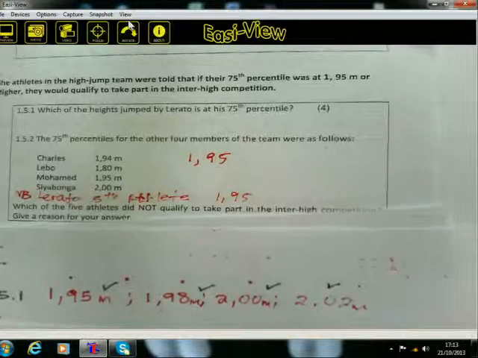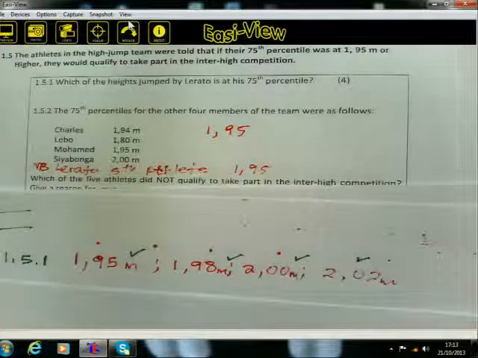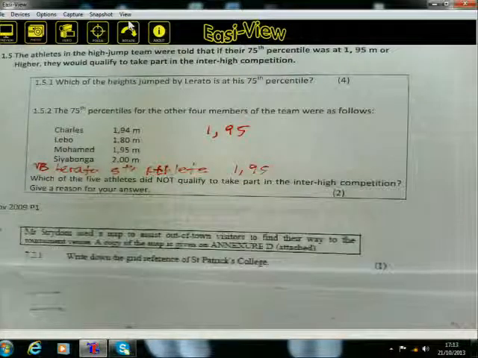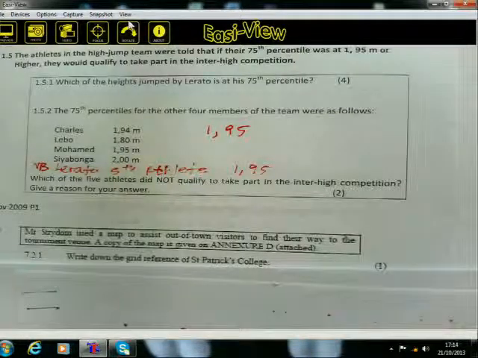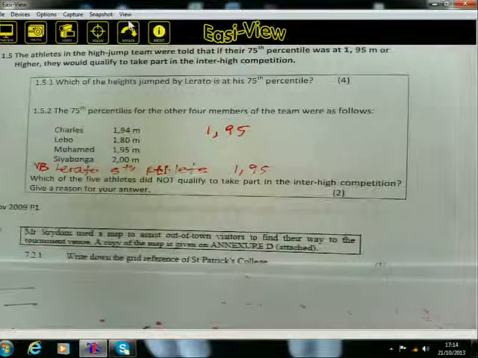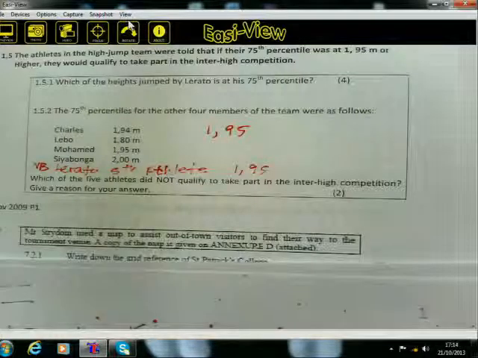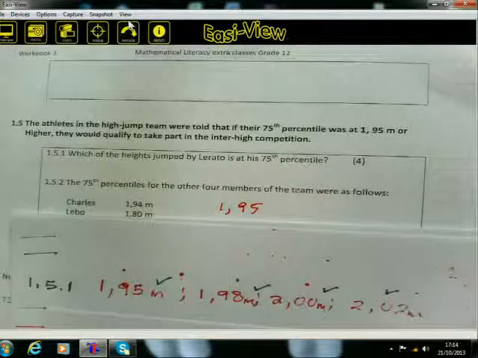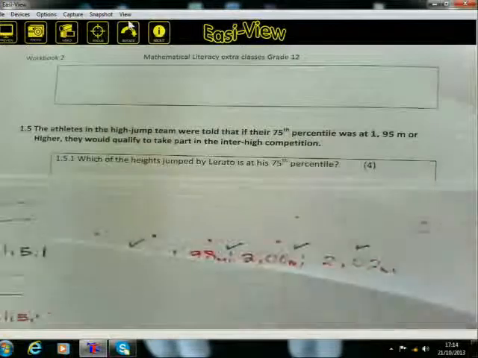So that is all about 1.5.2. It is very important for you to check your answers very well, whether you have answered all the questions dealing with the data or the records. So you should check all the questions you have answered.